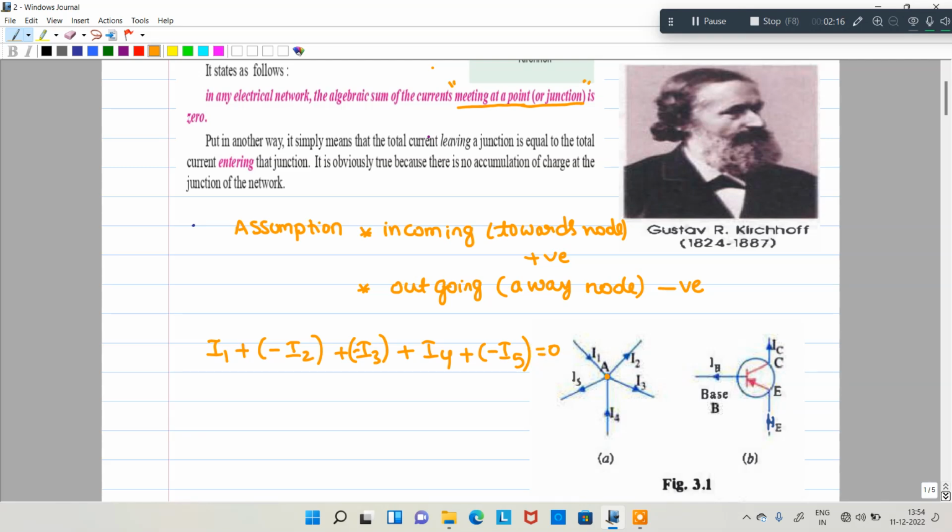Did all of you get my point? According to the statement, in any electrical network, the algebraic sum of the currents meeting at a point or junction is equal to 0.